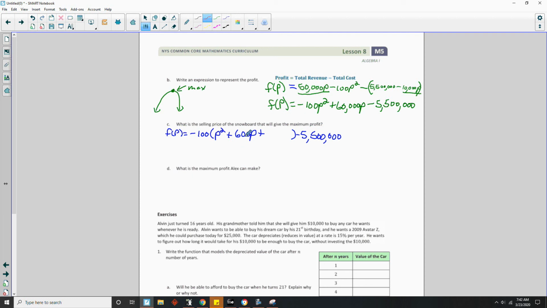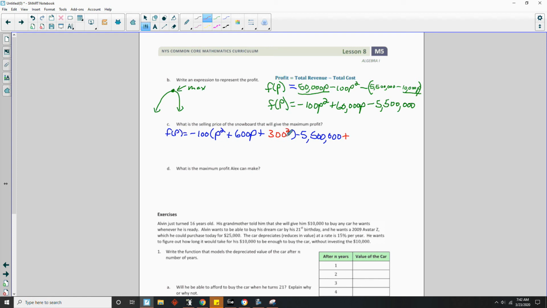So half of 600 is 300. So we're going to add 300 squared. I'll just write it like this for now. So you take half of b and square it. And since I did that here, I need to also do it over here. So if I'm going to, remember this is negative, I need to also add it back in so it's still equal to the same thing.